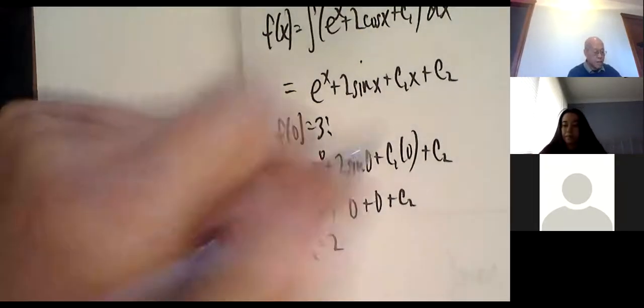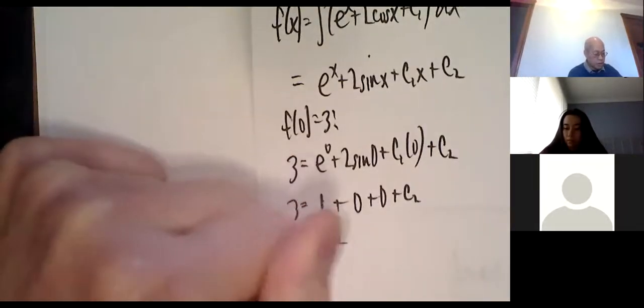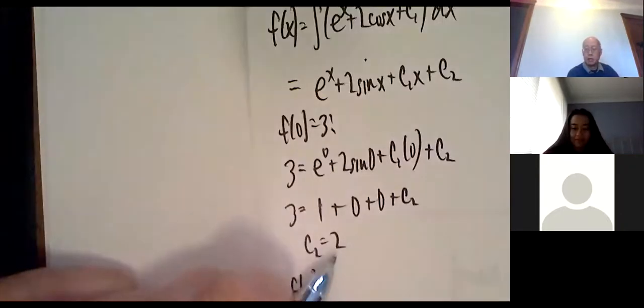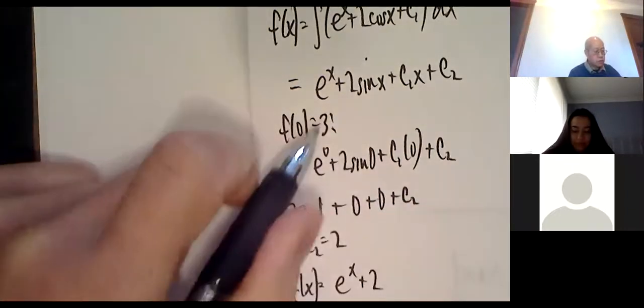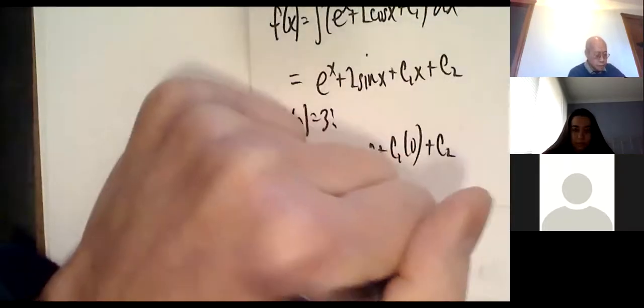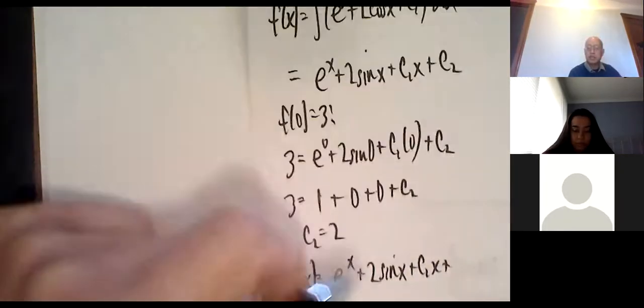So I plug that back in. I now know f of x is, I just copied the same thing except for c2, I'm going to put 2 instead. E to the x plus 2 sine x plus c1x plus c2, which I now know to be 2.